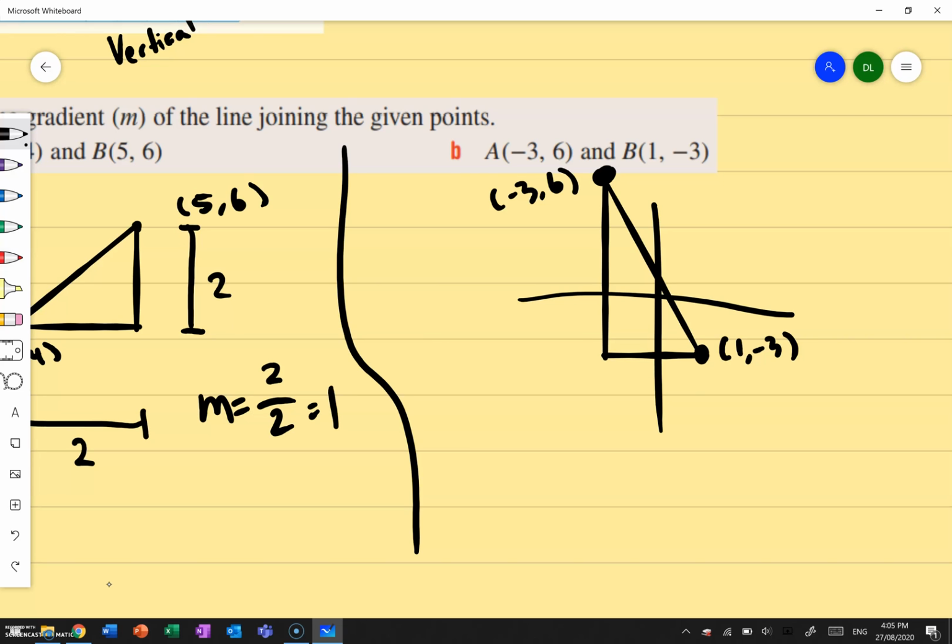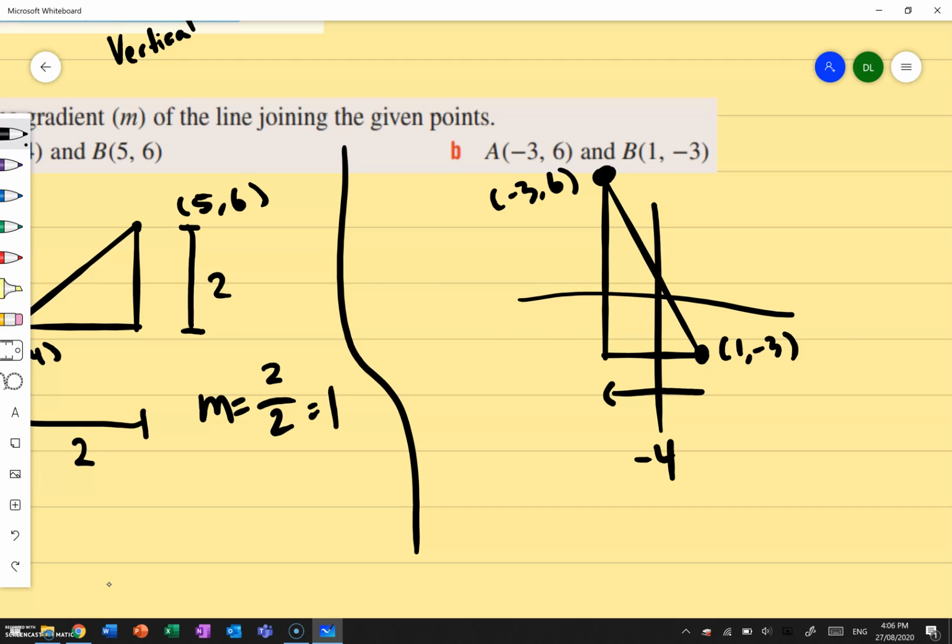Okay, so from there, I'm thinking, how far have I gone left or right? I've gone left. So it's originally 1 and I'm going to -3. So there's 1, there's 3. So it's -4, because I've taken into consideration the 1 there. So it's not going to be 3, it's actually going to be 4.